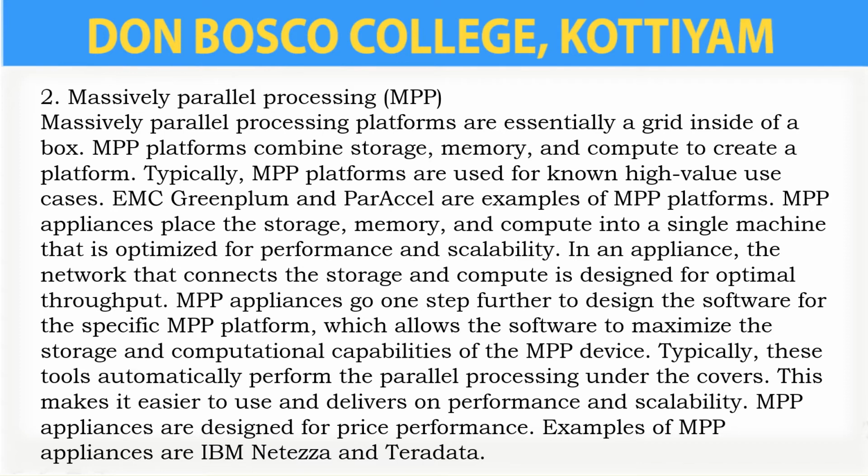MPP processors communicate using a messaging interface. An interconnect arrangement of data paths allows messages to be sent between the processors. The MPP system is considered better than a symmetric multiprocessing system, that is SMP.